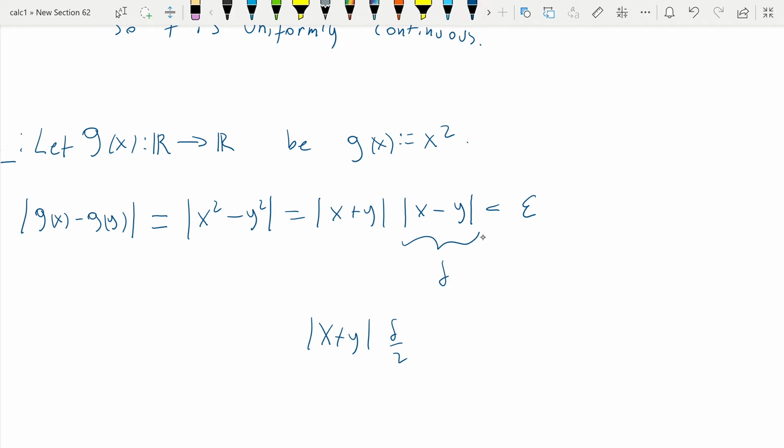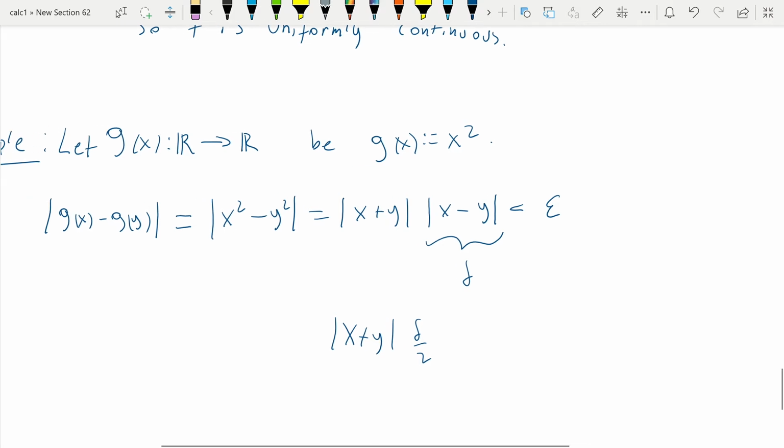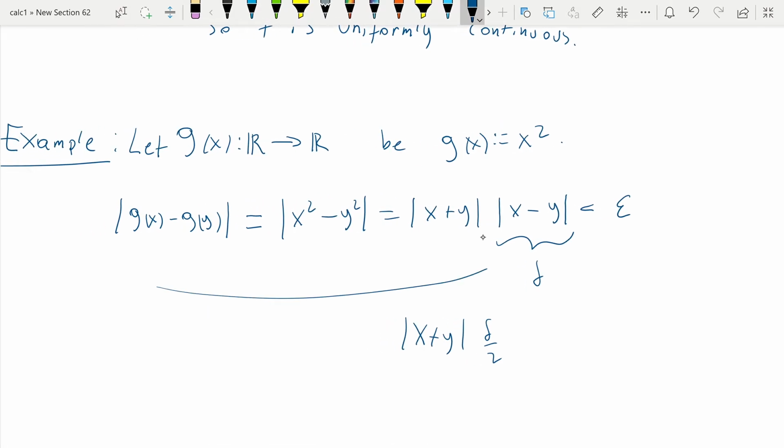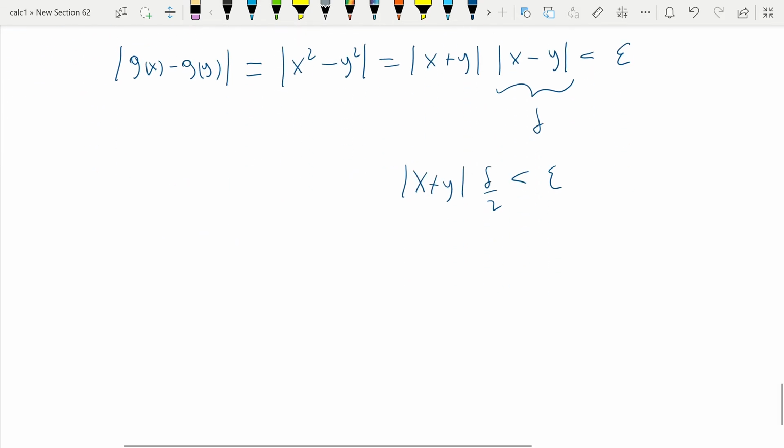So if you want this to be less than epsilon, what you would be saying is that this quantity here, 2 epsilon over delta, which may depend on epsilon or not, bounds x plus y for all values of x and y, which is impossible.